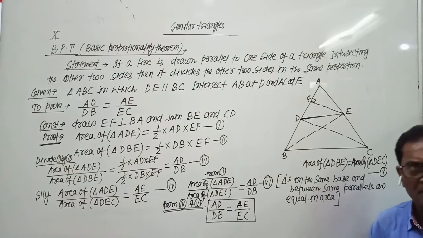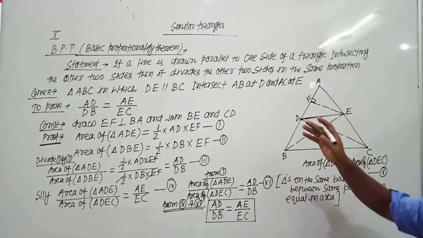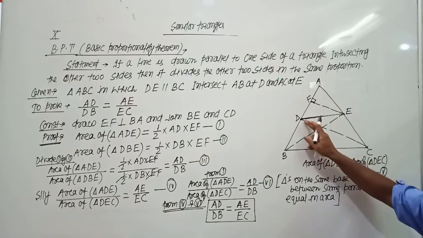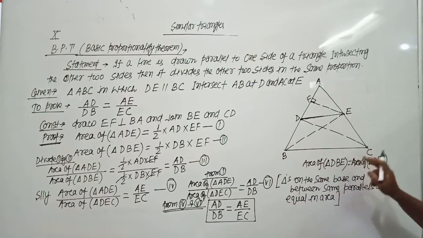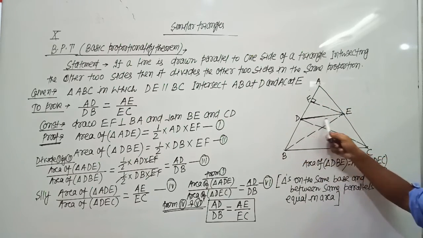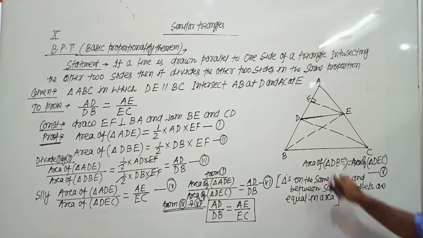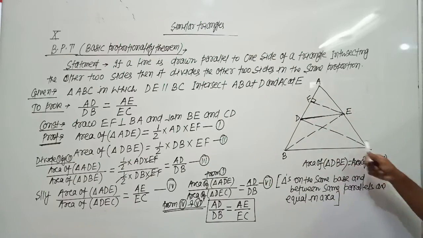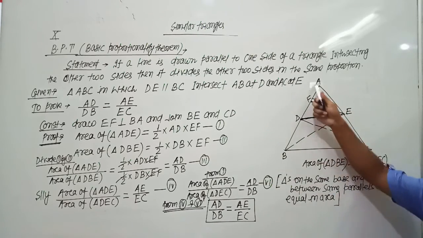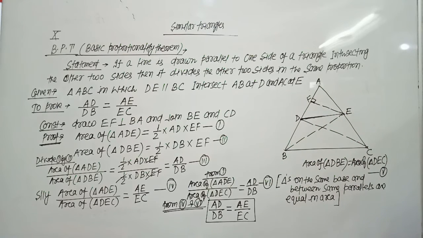Then you will have to write the statement: if a line is drawn parallel to one side of a triangle intersecting the other two sides, then it divides the other two sides in the same proportion. That means we have to prove AD upon DB equals AE upon EC.